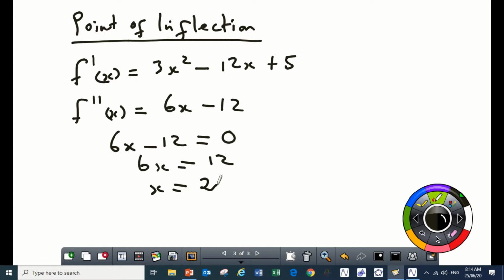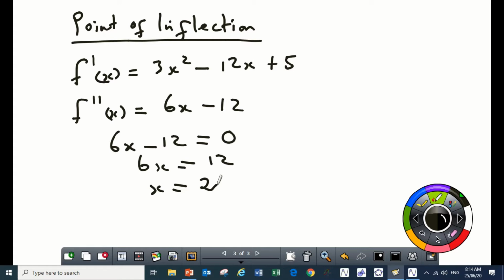Okay, the concavity will change from being concave down, because there's a maximum turning point first, then followed by a minimum turning point. So the concavity will change from concave down to concave up. Okay. At the point where the concavity changes, the value of x at that point is 2.